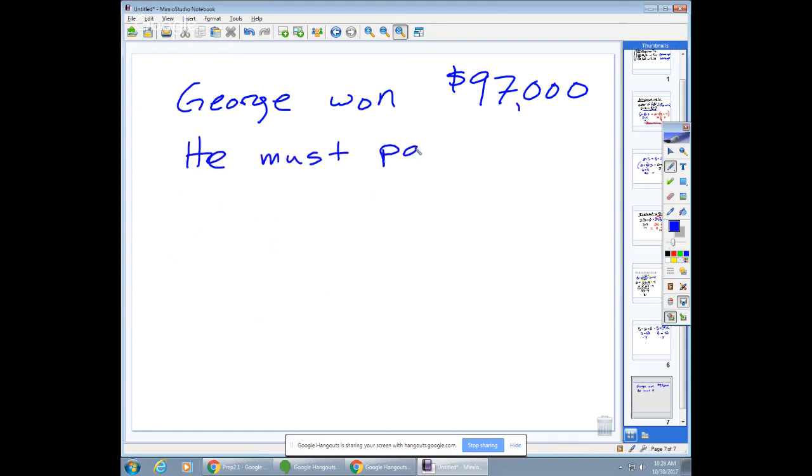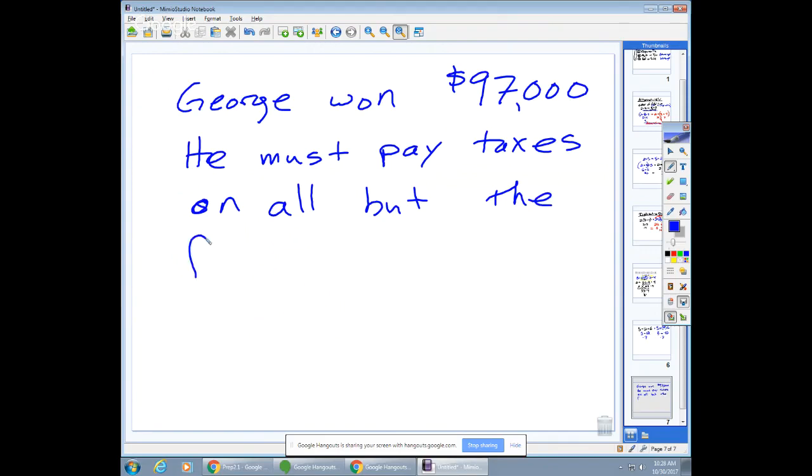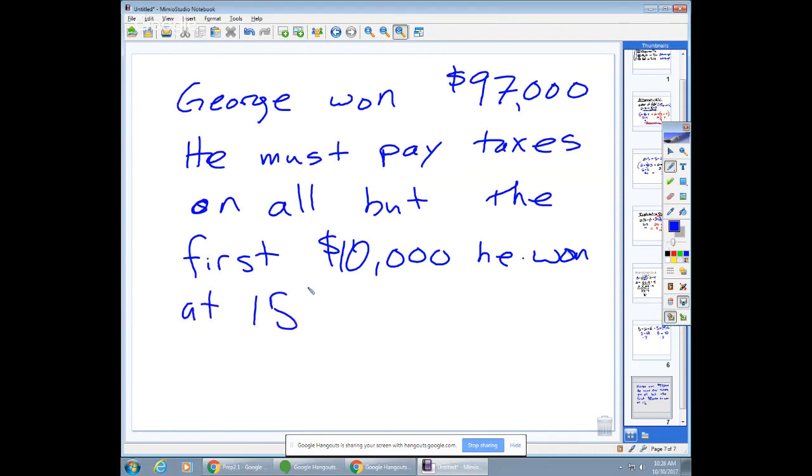He must pay taxes on all but the first $10,000 he won, at 15%. So we want to figure out how much tax he has to pay.